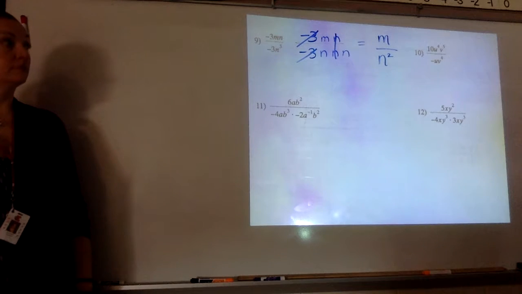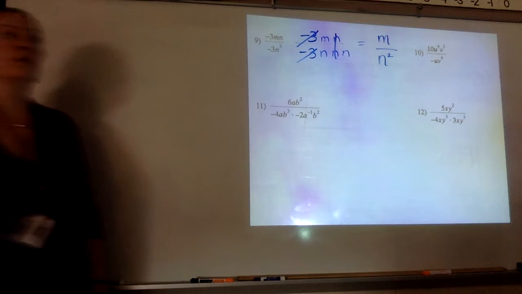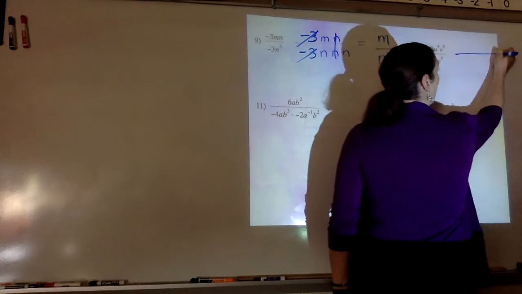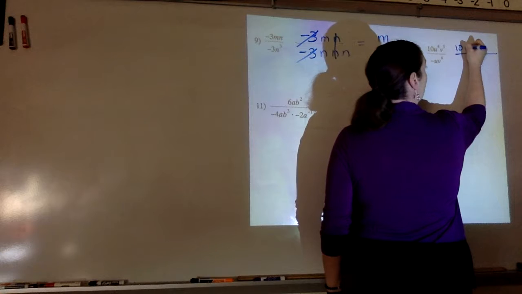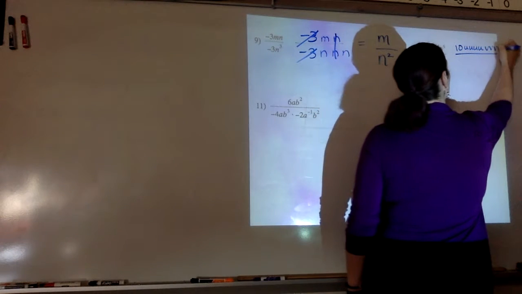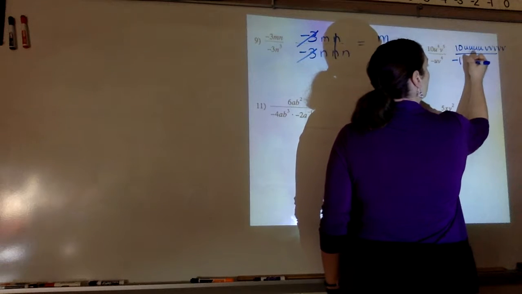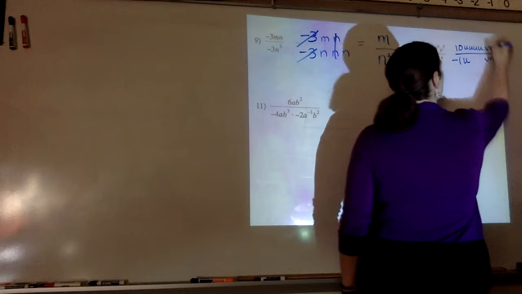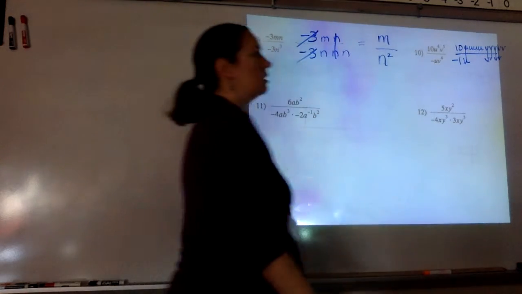What does it mean when there's a negative in front? It's a 1. So I should see here 10. I should see 1, 2, 3, 4 U's. 1, 2, 3, 4, 5 B's. 1 U. 1, 2, 3, 4. Cancel, cancel, cancel, cancel, cancel. Who's upstairs?